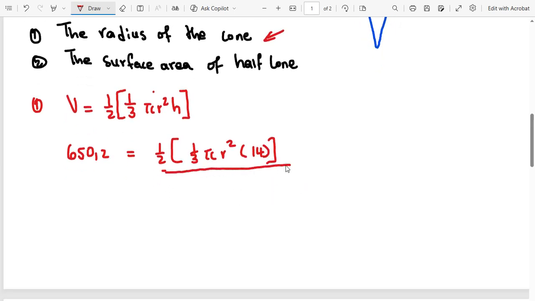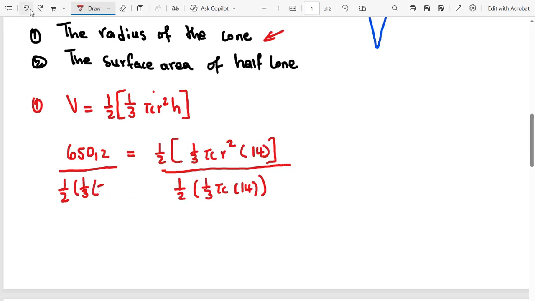So I'm just going to divide both sides by 1 over 2 into 1 over 3 pi. Let's leave the r squared because we are trying to isolate that r squared. Then what you do on the left hand side, you also do on the right hand side. What you do on the right hand side, you also do on the left hand side.